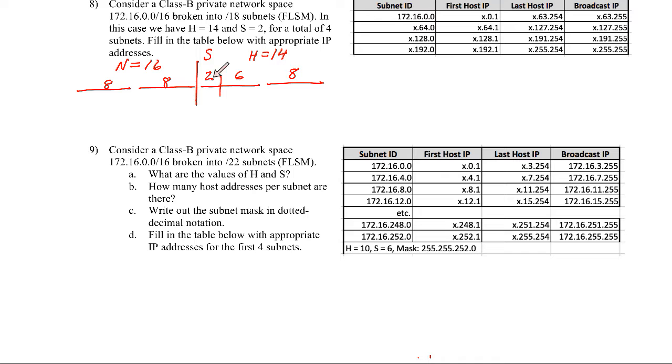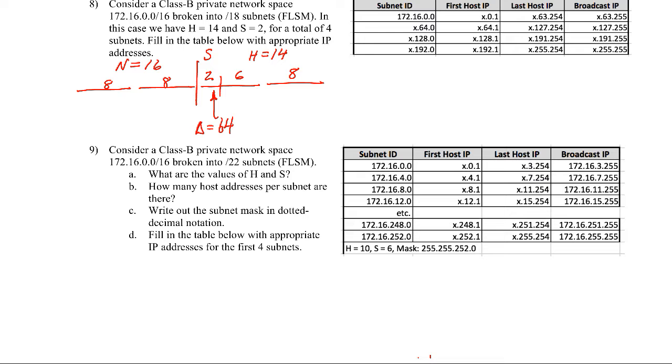The first placeholder is the 128s, the second is the 64s place. It's the rightmost S bit, the binary place value, that gives us the increment. So our increment is 64. I'll call that my delta. So I'm going to get an increment of 64 in the 3rd octet.